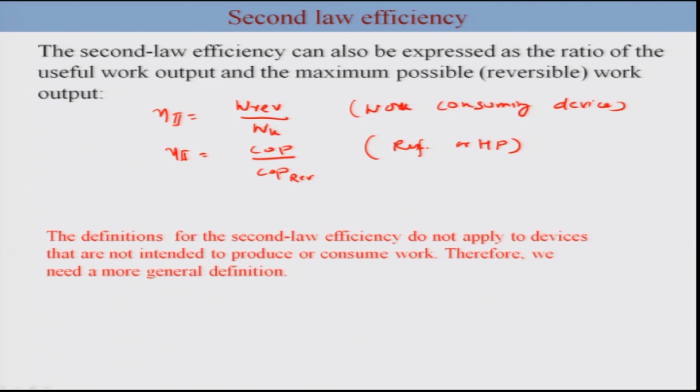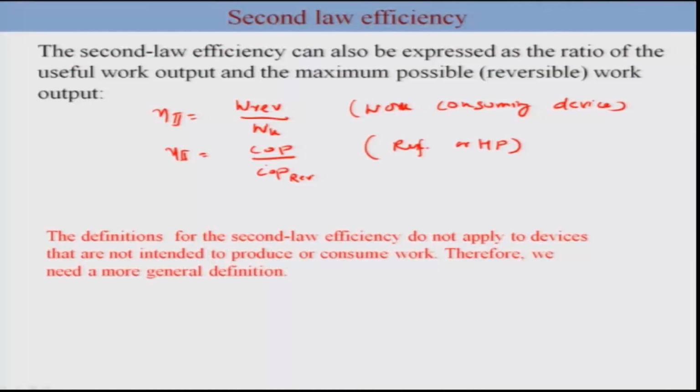Now, this particular definition clearly indicates that these are either for work producing devices or work consuming devices. However, what we want is a definition which is generic in nature, that need not be confined to work producing or work consuming devices.